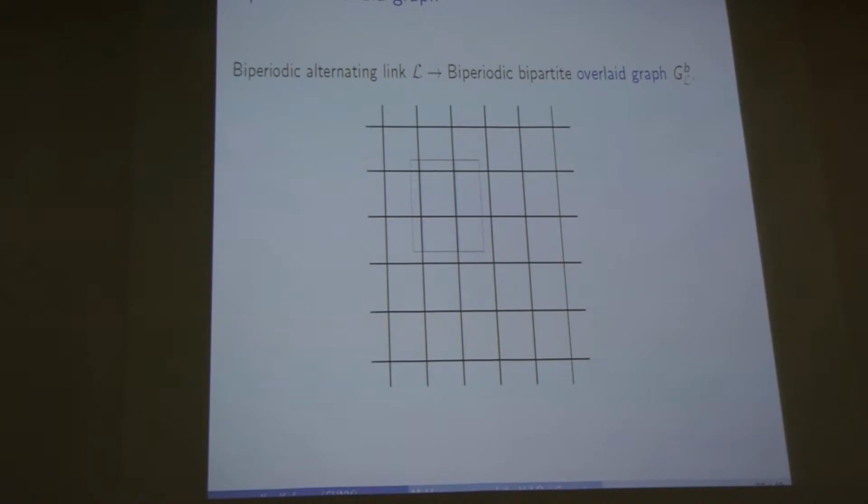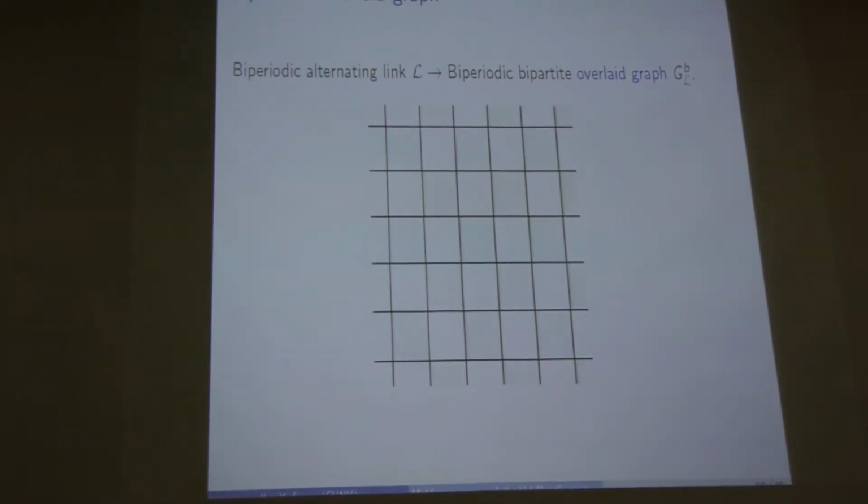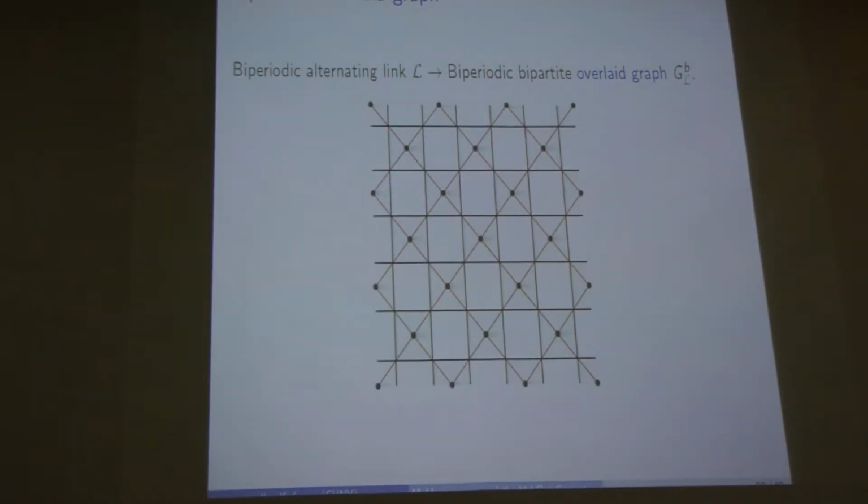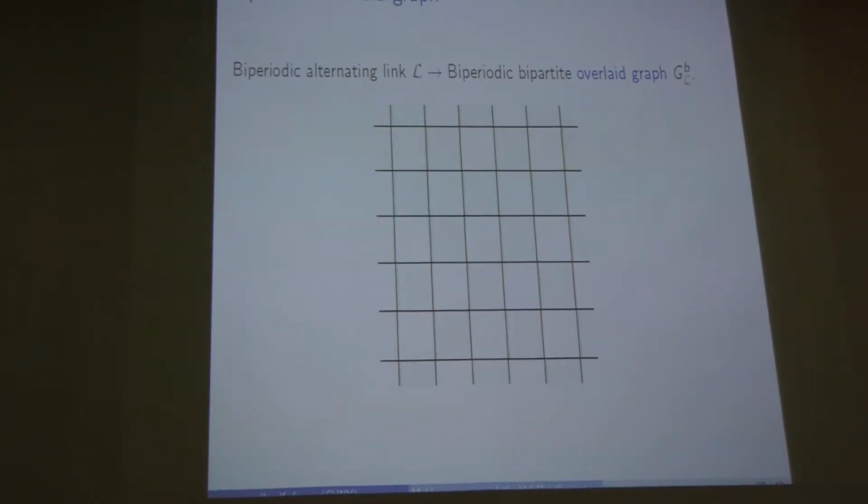Okay. So from the link, take the projection graph. There is a checkerboard coloring here, I promise you. That checkerboard coloring corresponds to a Tait graph. If you pick the other checkerboard coloring, trust me, it's different.